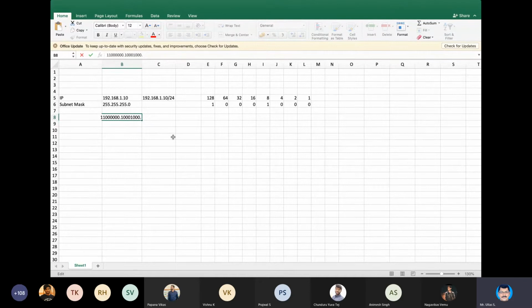Okay. Now binary 1 I need not have to convert. I know that it is. Sir, 10101000, sir. 32 you have to put 1.